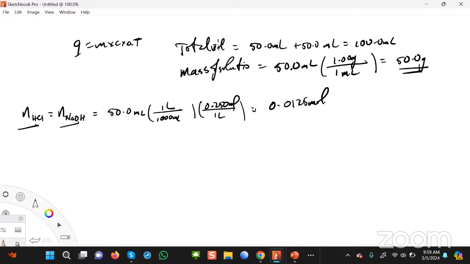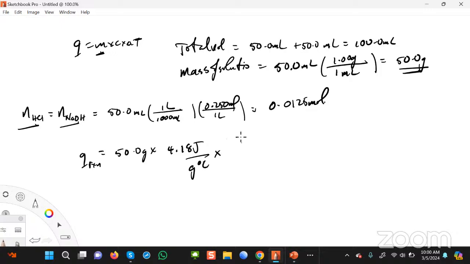So that would be the mass that you're going to use to plug into that equation. So Q of the reaction would be equal to 50.0 grams. And again, we're going to assume that the solution is dilute, and therefore the specific heat would be the same as that of water. And then we're going to multiply by the temperature change.